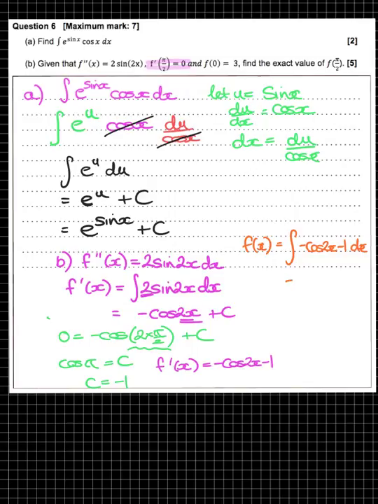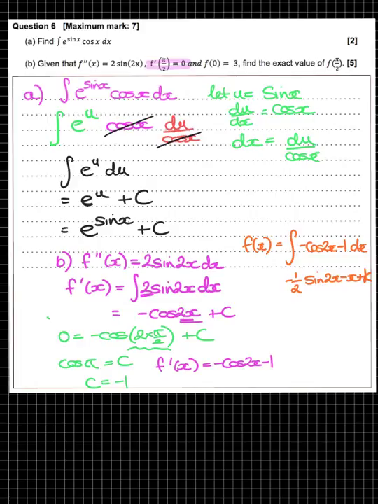So that's going to be negative sine 2x. And then we've got to divide by the derivative of the inside. So this time we are going to divide by the 2 because there's no 2 there to cancel with. Okay, so we get -1/2. When we integrate the -1, we get minus x. And then we need to add a constant. I'm not going to use c because I've already used c. I'm going to use a different letter. I've chosen k. Choose whatever you like.